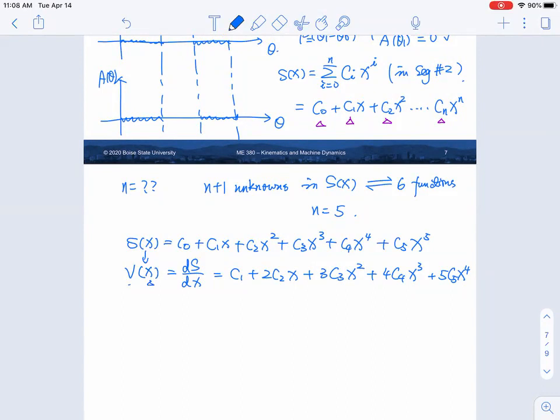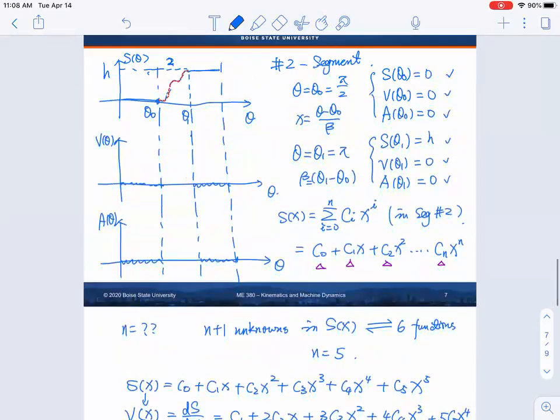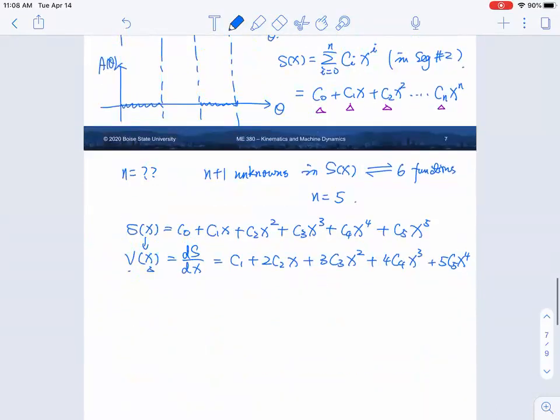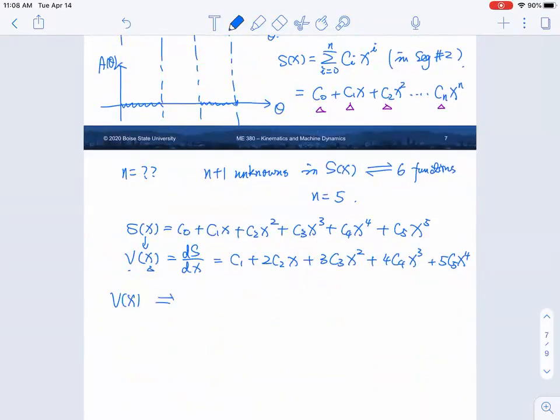But then remember that all the boundary conditions are given in theta domain. So how do you connect your Vx to V theta? That's our next question, right? By definition, your V theta is dS d theta. Your Vx is dS dx.